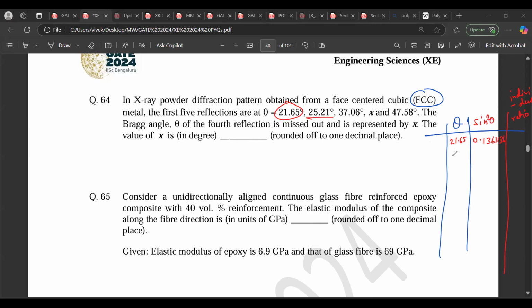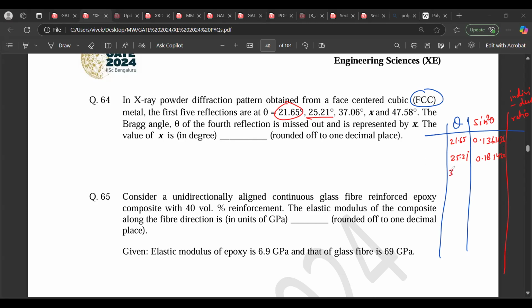Now this is the 25.21 degree. You find out the sine theta of it, then you square it, you'll get a number of 0.181422. Then you find out, always write more than 4 places. Don't write 2 or 1, because the higher the places, the lower will be the error. Every time you calculate sine theta, you leave few numbers, right? So that creates the error.